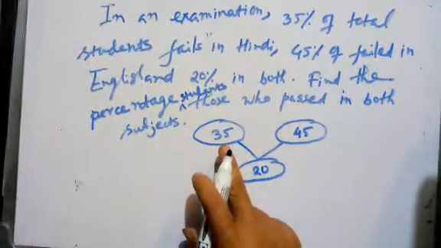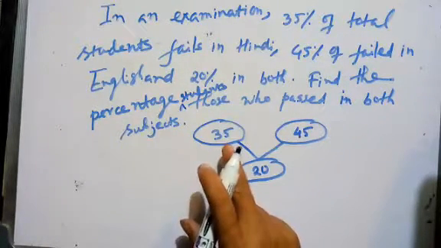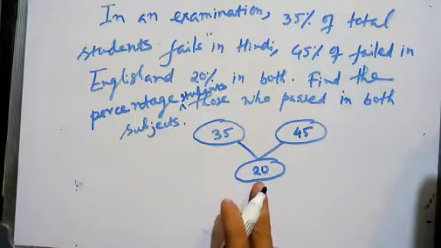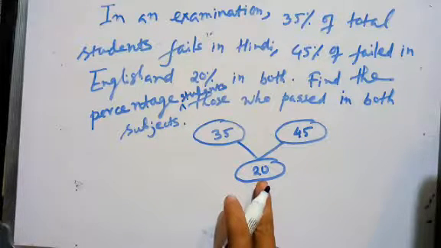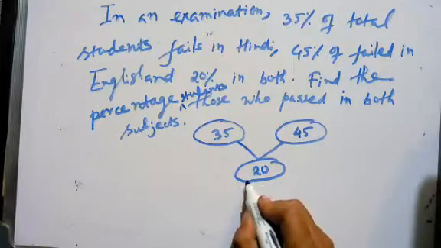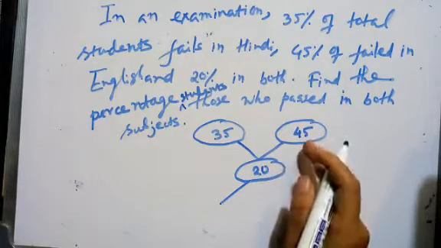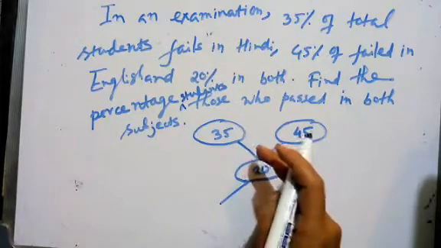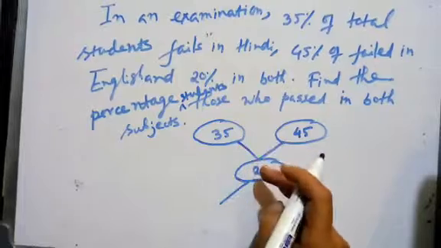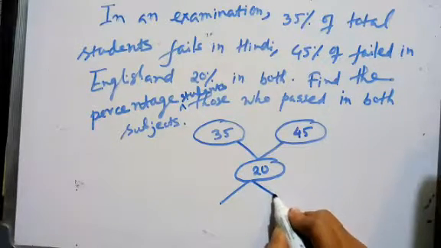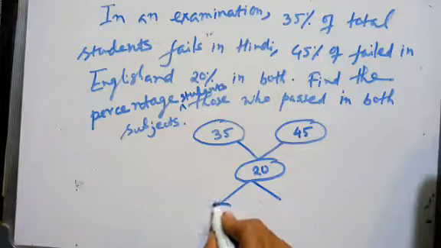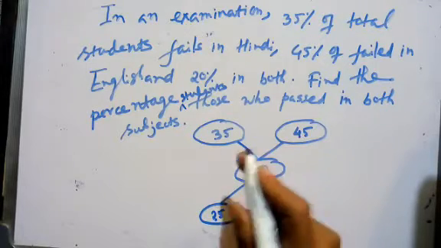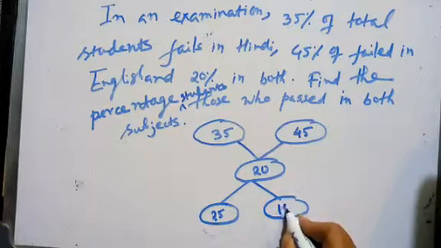That means 35% fail in Hindi and 45% fail in English, and 20% failed in both. So those who failed only in Hindi and only in English are 25% and 15%, that is 35 minus 20, which is 15%.